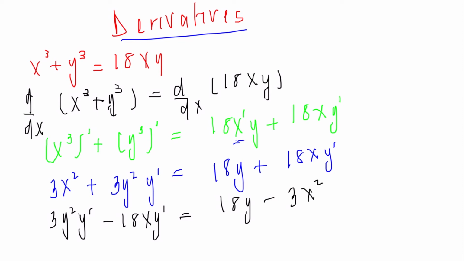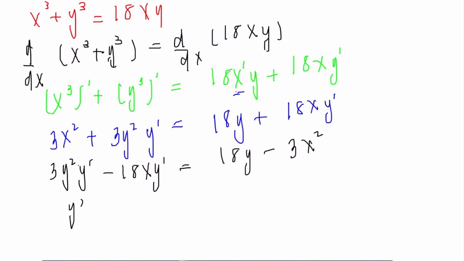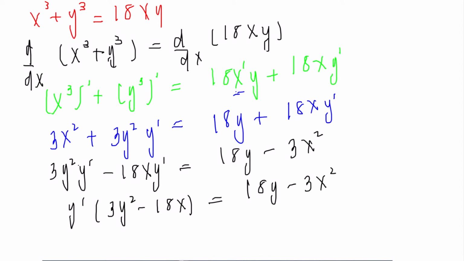Now if we factor out y prime, we have y prime times (3y squared minus 18x) equal to 18y minus 3x squared. Then we divide everything by 3y squared minus 18x.